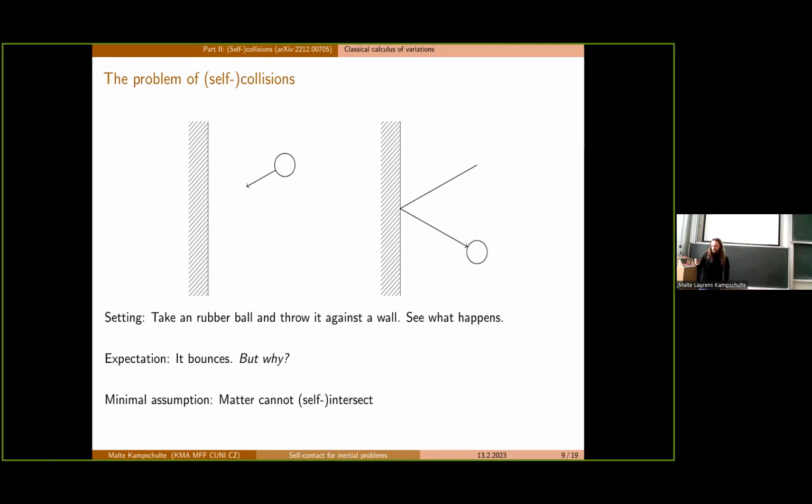And it turns out that for a bulk solid, that's enough. You get bouncing from that, but to get bouncing from that, you first need to get existence of weak solutions. And in particular, existence of weak solutions which always fulfill these conditions, that it cannot self-intersect. That's the hard thing.